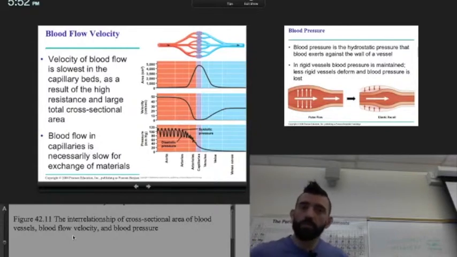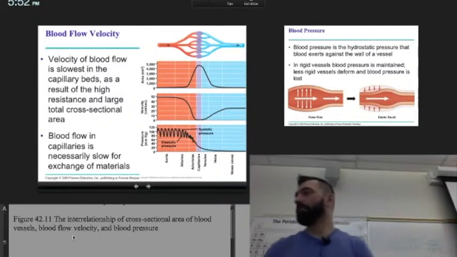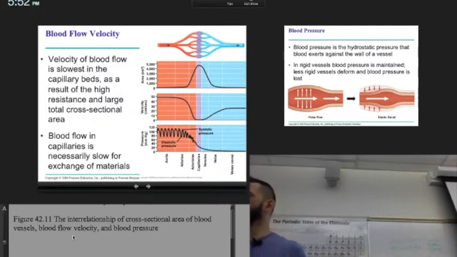So let's look at this really cool chart that shows area, velocity and pressure as blood is pumped from the aorta all the way back into the heart through the venae cavae. Okay. So let's start with area. Pretty small area through the aorta. That's not a big area.